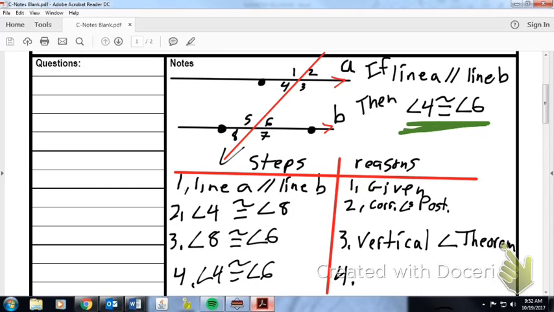And then I'm going to argue, well, therefore 4 and 6 are the same. Hopefully you remember that is called the transitive property of congruency. I abbreviated that as trans for transitive property, POC for property of congruence. Okay? So make sure you have all of that down in your notes. It's important that we understand not only that we can do something, but why it's okay.